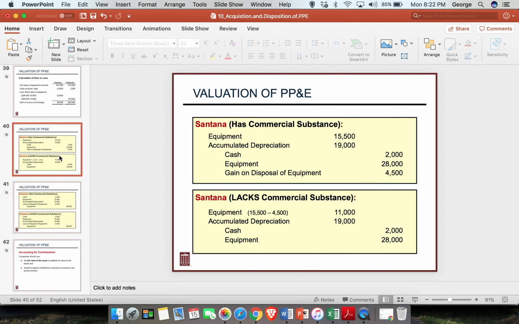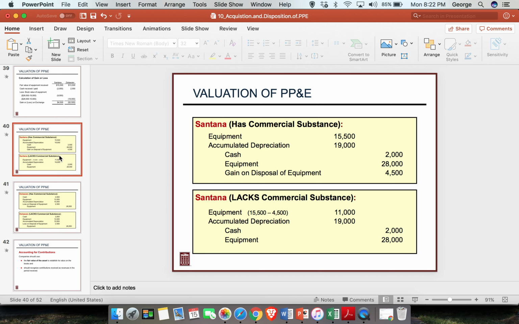And then you'd make your entries. Now, Santana was said to have commercial substance, and of course there's also cash. So you can record your gain if, well, it has commercial substance, so normally then you would record gain or loss anyways. All right. For Santana, this one lacks commercial substance, so we have equipment.